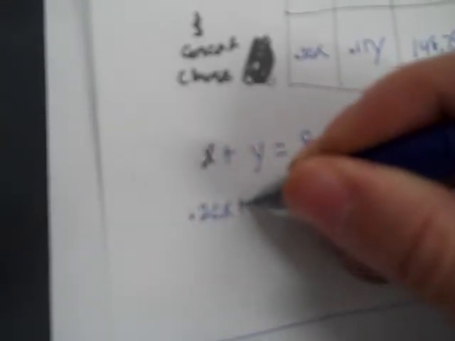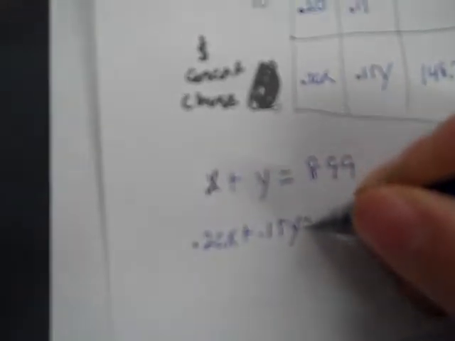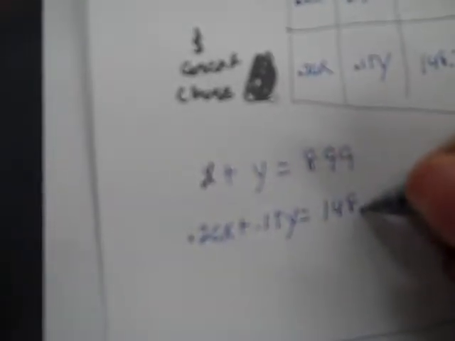Those are not the same letter. You can't add them. You have to make your cross. So I have x plus y equals 899. Then 0.20x plus 0.15y equals 148.75.